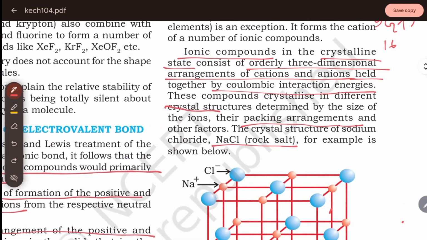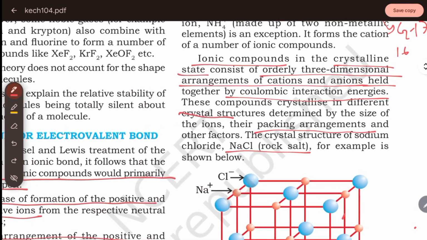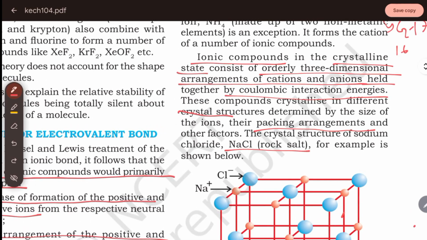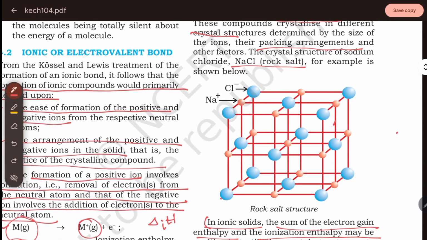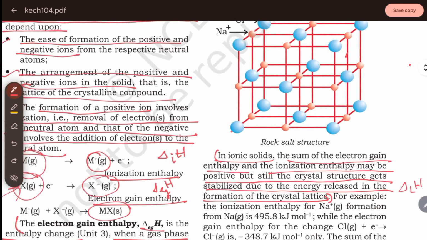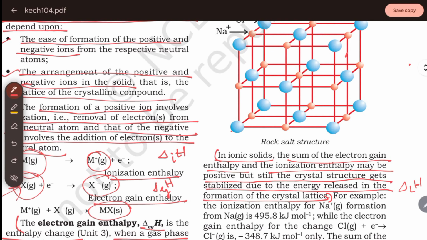That is, after the interaction between the cations and the anions, they actually form a close packed crystalline structure, and an orderly three-dimensional arrangement of the cations and anions is obtained. Now, this orderly arrangement during the formation of the crystal lattice releases energy for 1 mole of the crystal lattice getting formed.